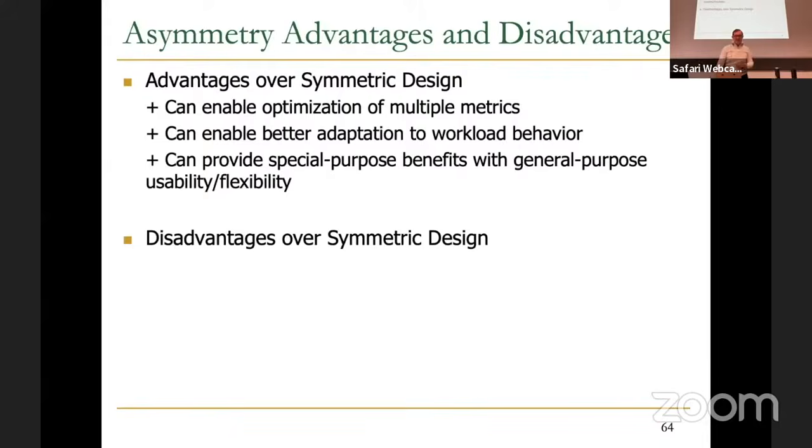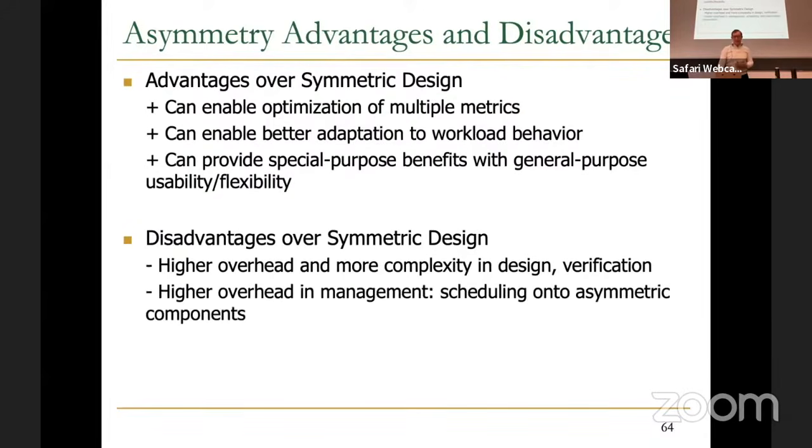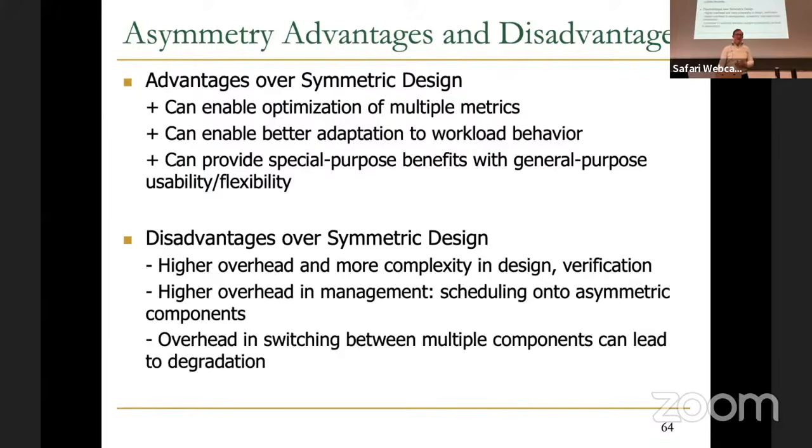But there are also disadvantages we've discussed, and overhead and complexity in design and verification is unescapable, I think. There's higher overhead in management, scheduling onto asymmetric components. And there's also overhead of switching. If you want to switch between components, say I execute this workload over here, but maybe now it should be executed over here because it went into a phase that is a better fit for this type of core or cache or memory, now you need to switch, and there's always overhead in switching.